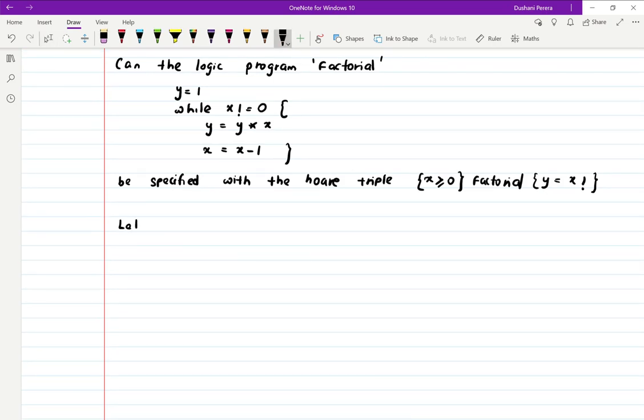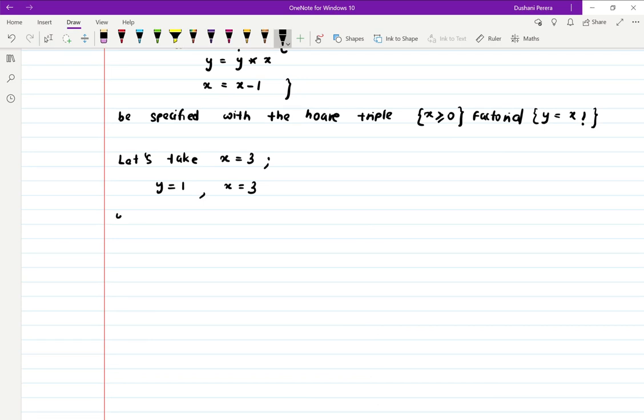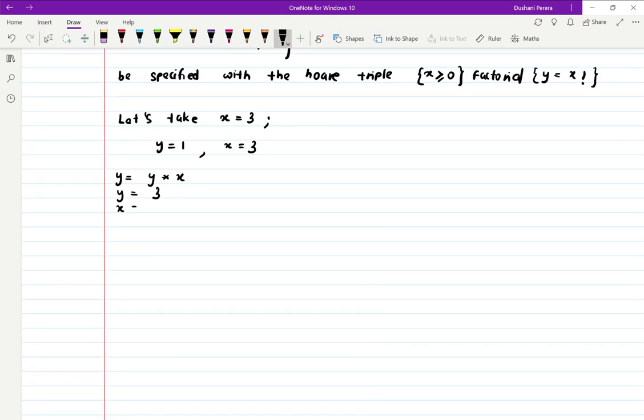So let's take the case where x equals 3. In this case, we have the initial values as y equals 1 and x equals 3. Now y is y into x, so y will be 1 into 3, 3. x is x minus 1, which means 2.